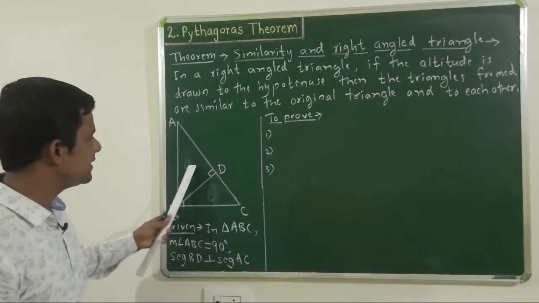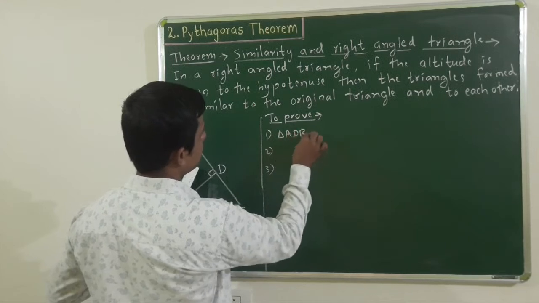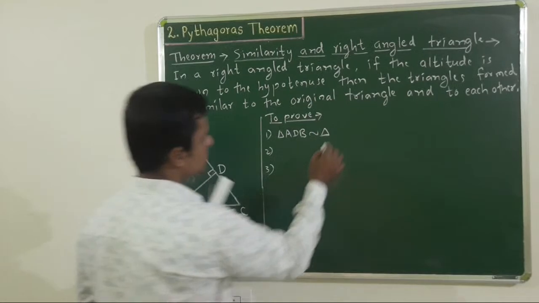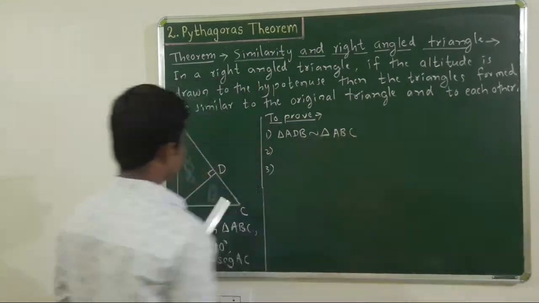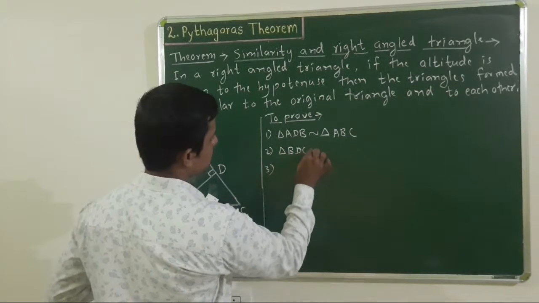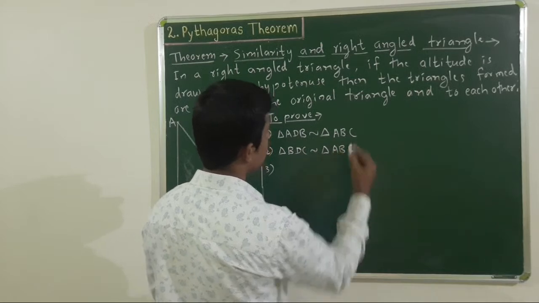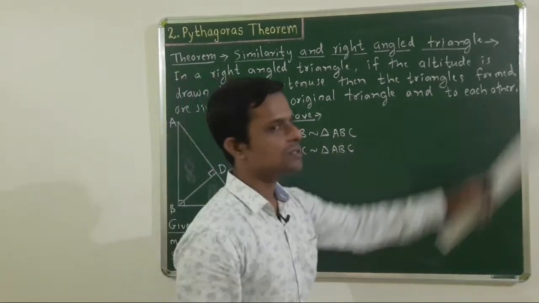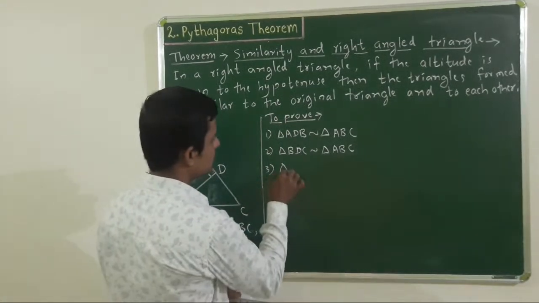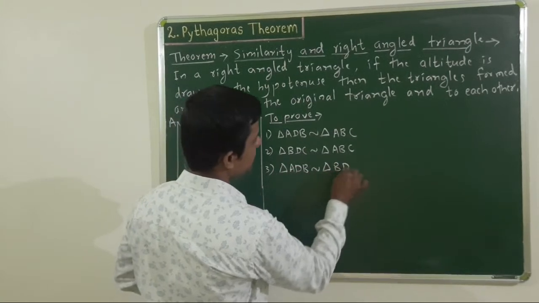First, triangle ADB is similar to the original triangle ABC. Second, triangle BDC is similar to the original triangle ABC. And third, these two triangles are similar to each other, that is triangle ADB is similar to triangle BDC.